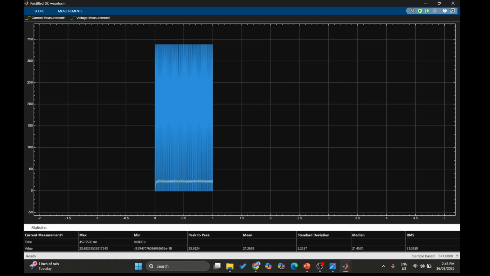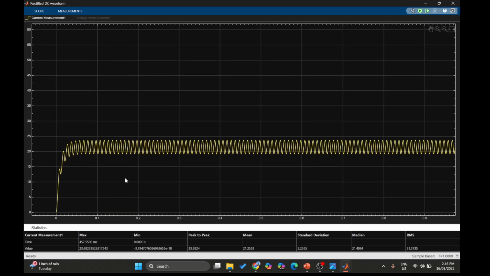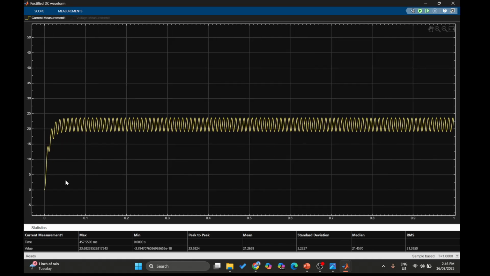However, the current in the RL load circuit is different.